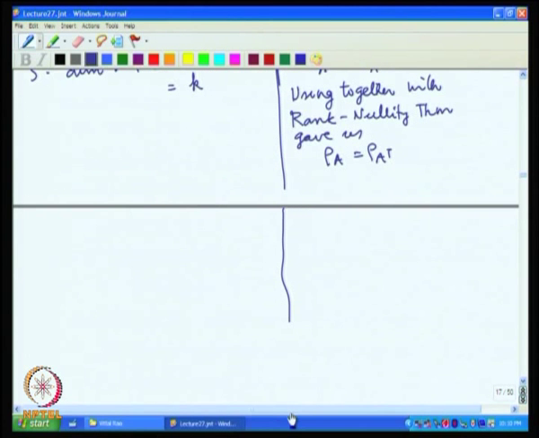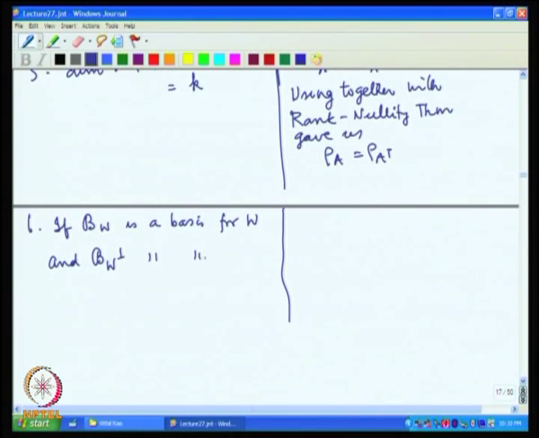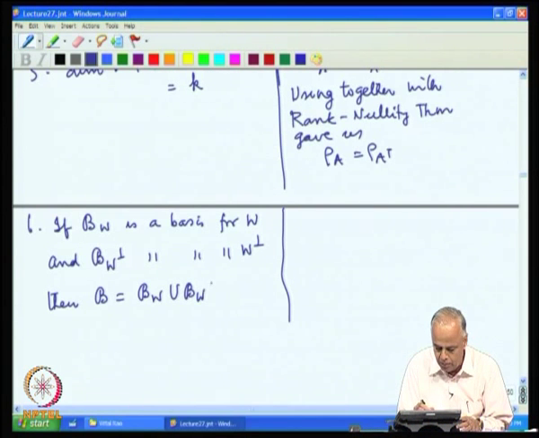We further have that if B_W is a basis for W and B_W perp is a basis for W perp, then B equal to B_W union B_W perp is a basis for R^k.